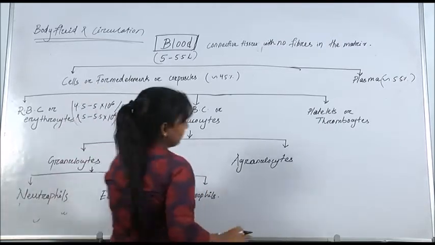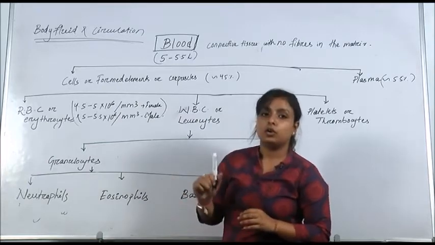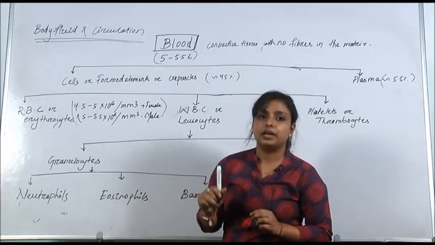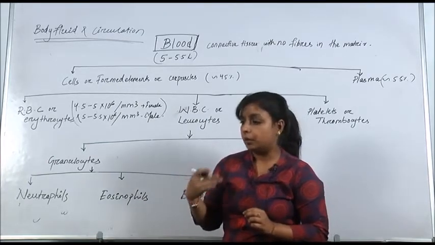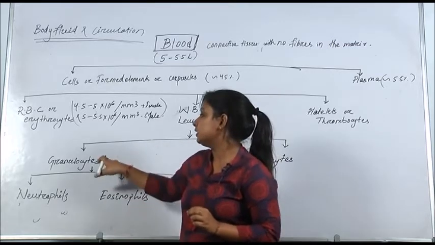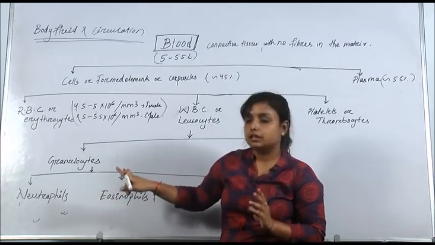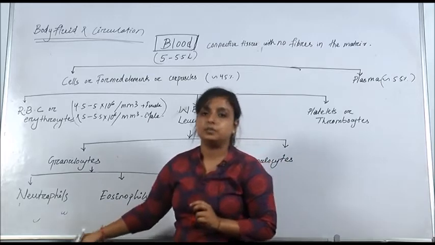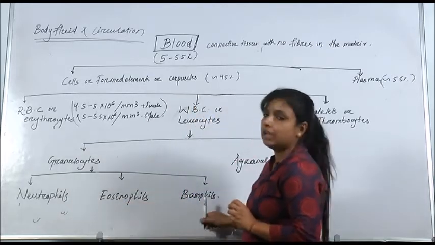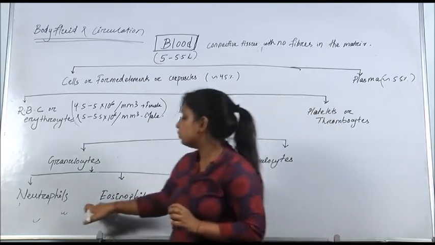So why are granulocytes divided again? Depending on the reactivity or the chemical property of the cytoplasm, the granulocytes are divided into three types: neutrophils, eosinophils and basophils.